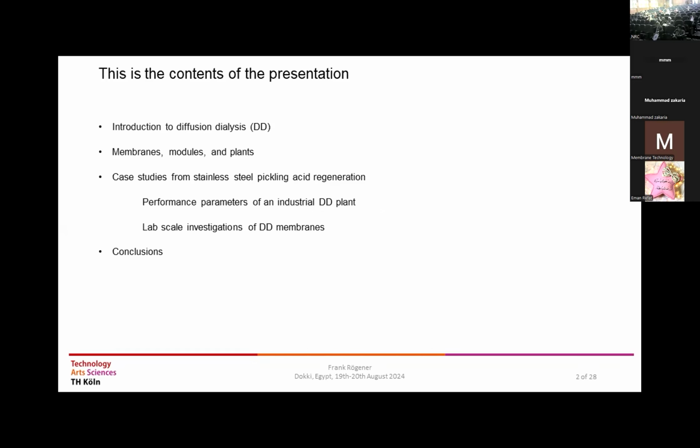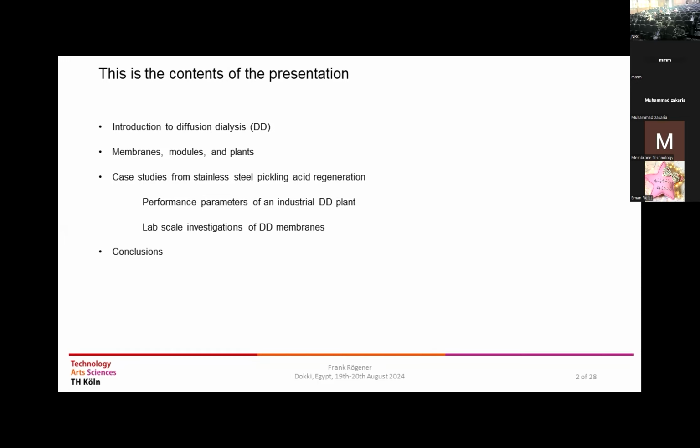Well, I will give you a short introduction into diffusion dialysis. That's a specific membrane separation process using ion exchange membranes. I will give you also some ideas of membranes and modules and plants that are used in this concept. And then I will stress two case studies.